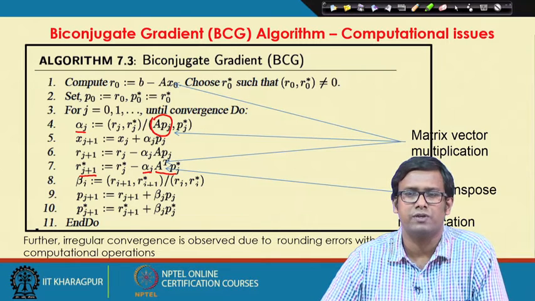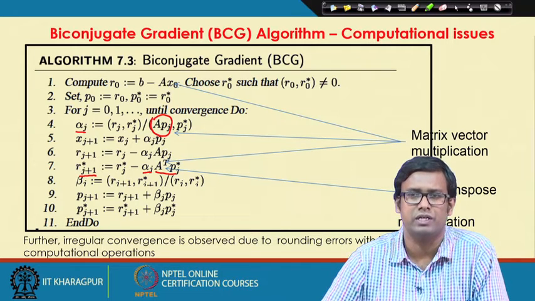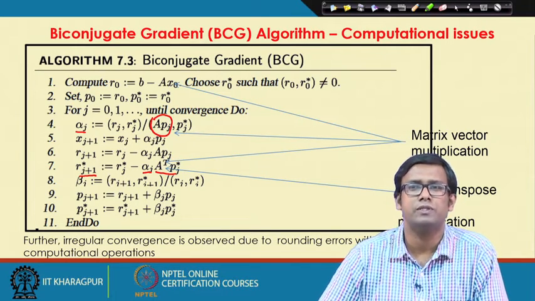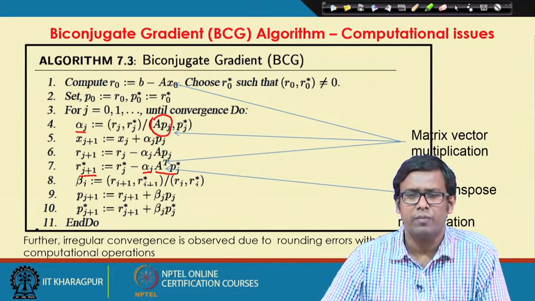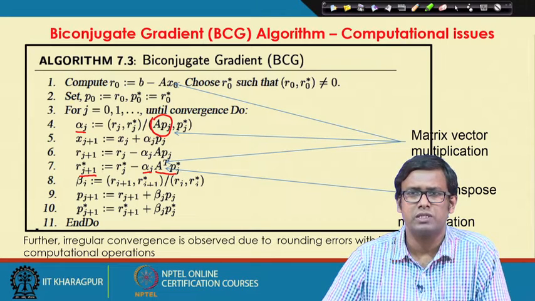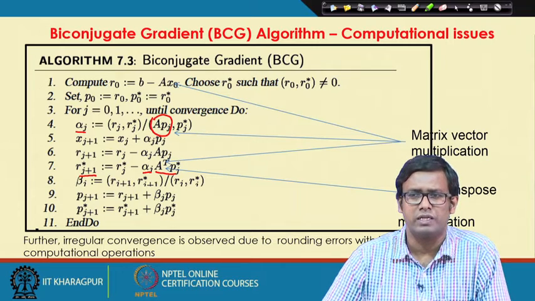One is the Krylov space of A transpose A R 0, R 0 is the initial residual. Another is the Krylov subspace of A transpose R 0, and we try to approximate the solution in both the subspaces and generate more basis vectors and finally converge to the right result.